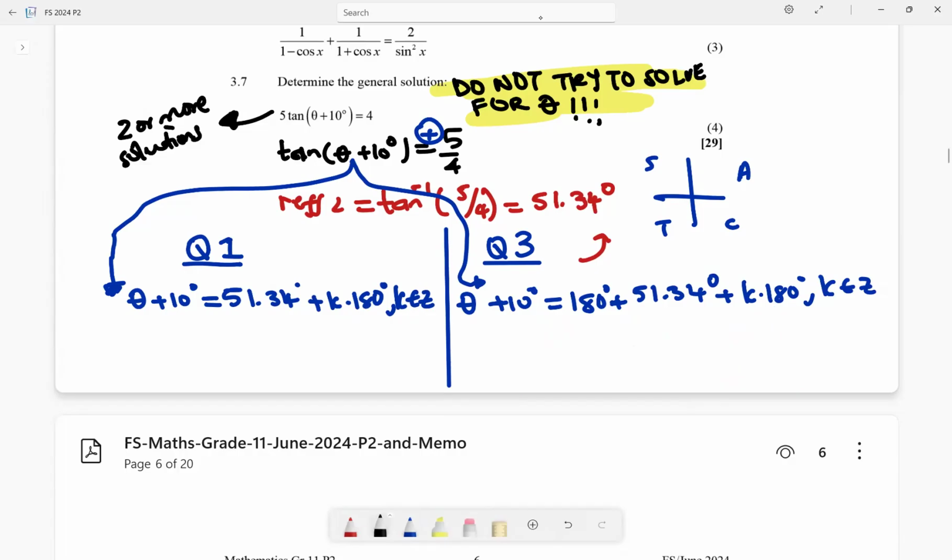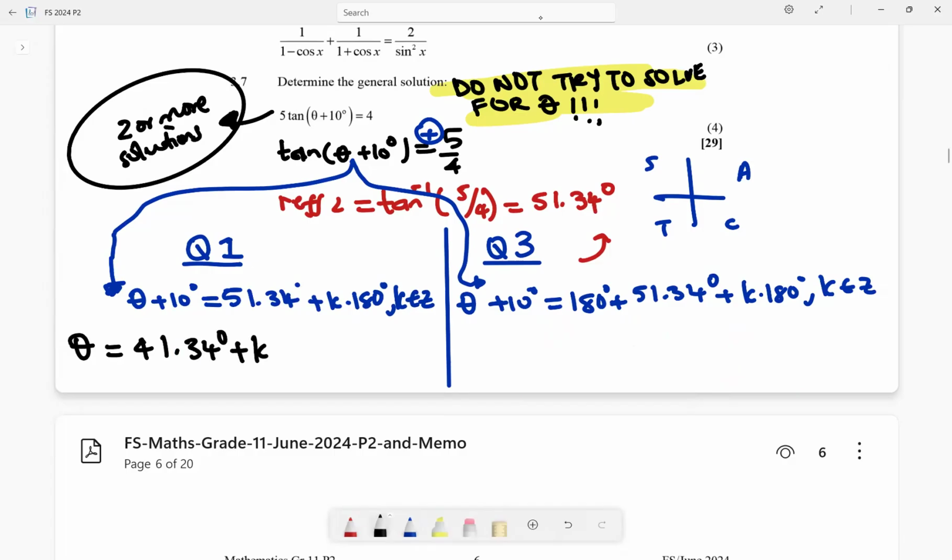So now let's simplify. I want to solve for theta. Remember I said your solution should be 2 or more. So theta is equal to, when I take this 10 to the other side, 51.34 minus 10, which is 41.34 degrees plus k times 180. I do not subtract on the k part.